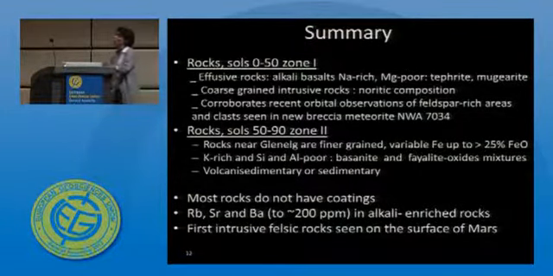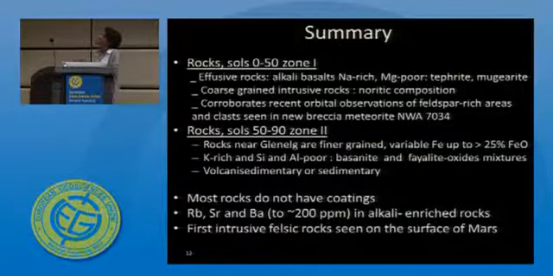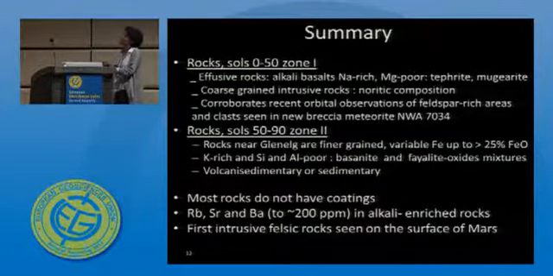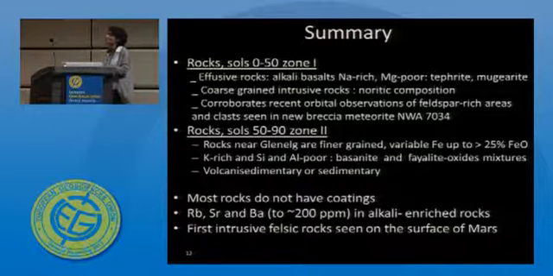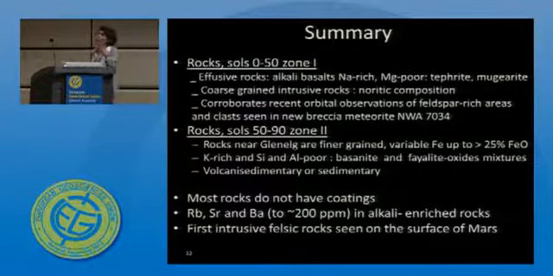This could corroborate recent orbital observations of feldspar-rich areas and clasts in the new breccia meteorite NWA 7034. So this noritic kind of composition could be an indication of ancient primitive crust that would have been sampled in this area.